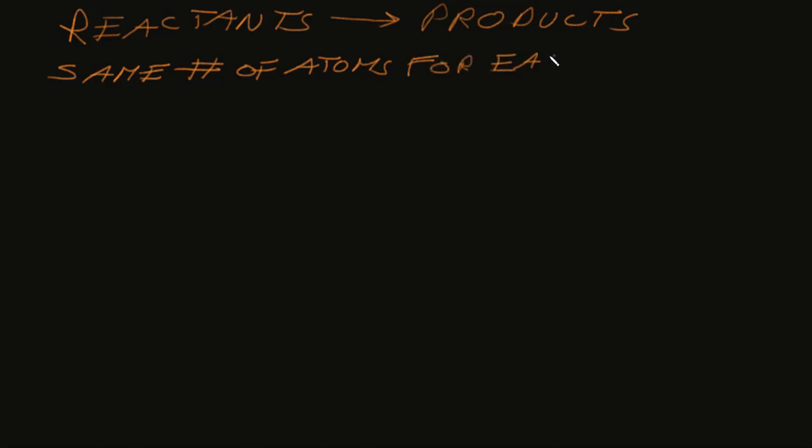The reason you do this is conservation of matter. As we know, we can't create matter, we can't destroy matter. We can recombine the atoms to form different compounds, but we just can't pull atoms out of thin air, and we just can't all of a sudden not show where these atoms went to.